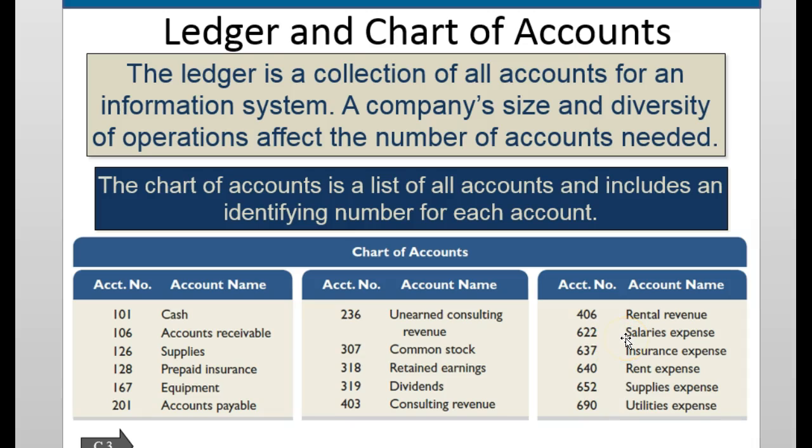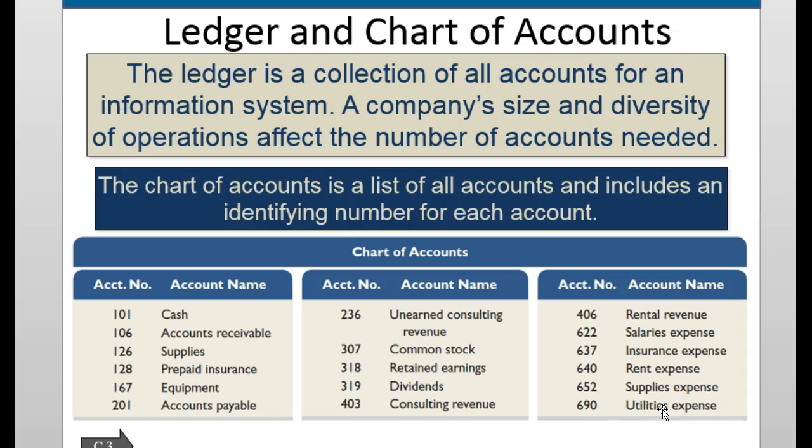And expenses are something that it's kind of at the whim of the accounting system, whatever. You could do a 700. I see a lot of 900 expense numbers, but they're always going to be your highest number here. So cash is usually in the hundreds, account payables are in the 200s, common stock, equity accounts are in the 300s, and your revenues are 400s, and then salaries in this case are going to be 600.